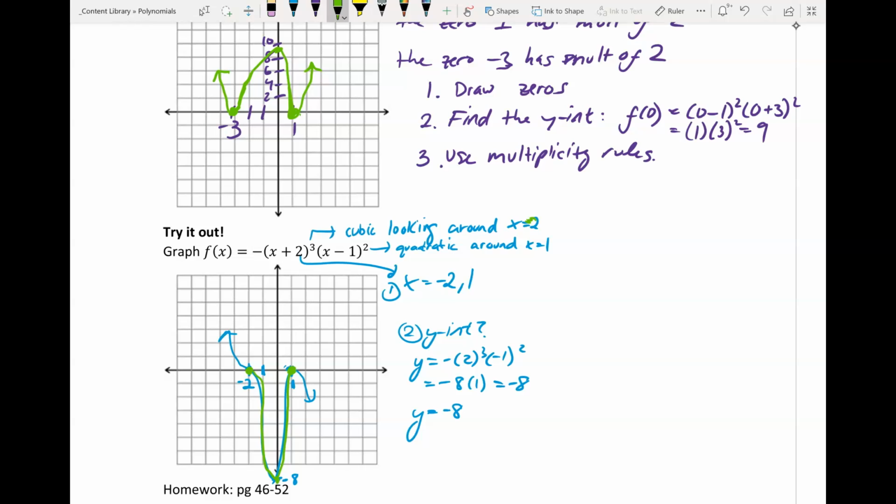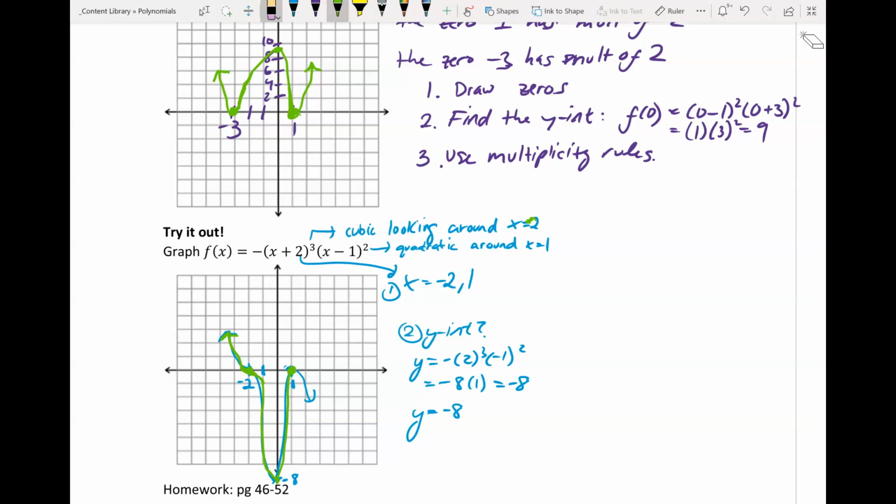And that means that I need to flat line it around my 0. And because it is cubic, the arms have to go in opposite directions. Because if I go back down, then it looks like a parabola again, because I'll have a large hump like this. And that is not the case.